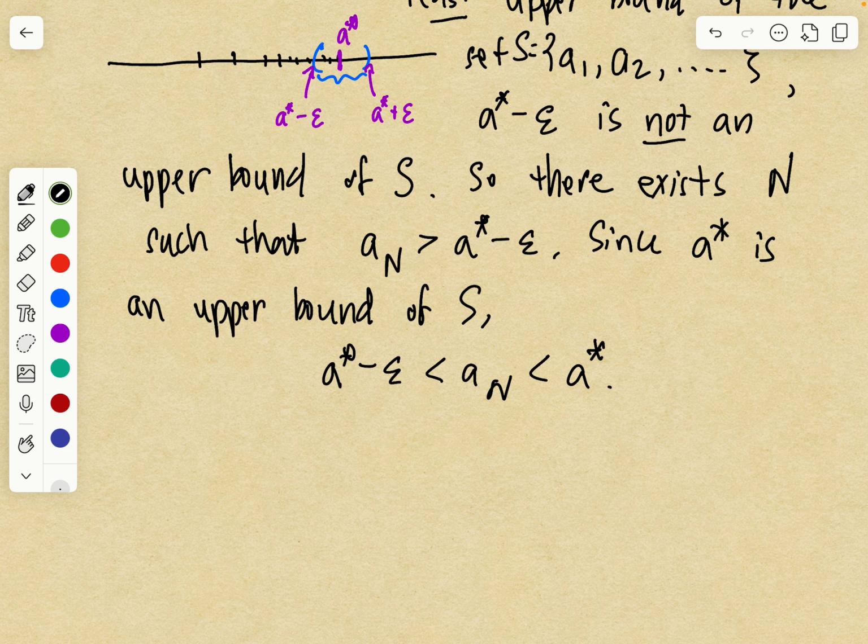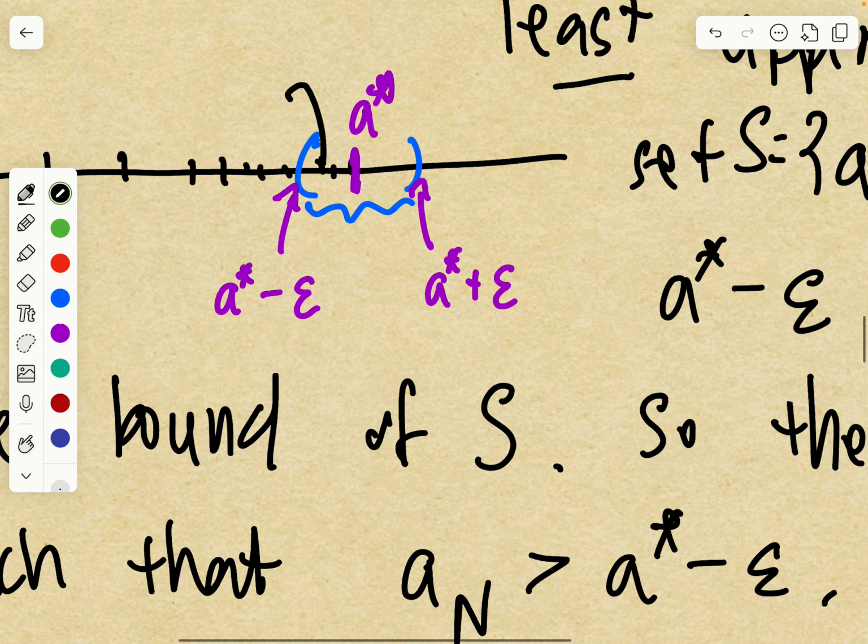So we know that this interval contains some a sub n, so there's going to be some a sub capital N here, in this interval. And now we see what's going to happen. Since this sequence is increasing, all the terms past the a sub capital N will also be in this interval, and then that will prove the theorem.